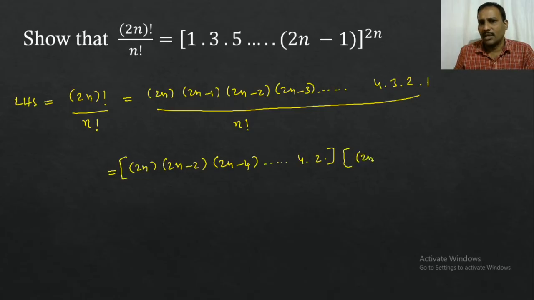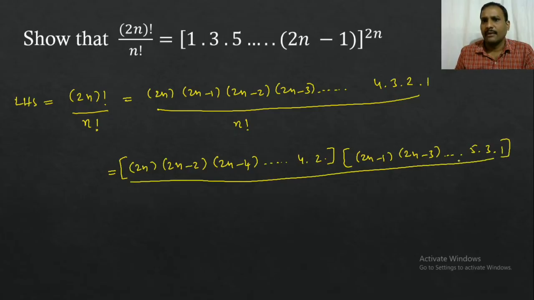That is 2n minus 1, 2n minus 3 and so on up to 5 into 3 into 1 by n factorial. So we did this problem. This can be written as 2 power n into n factorial, and you can write it as 1 into 3 into 5 into 2n minus 1.